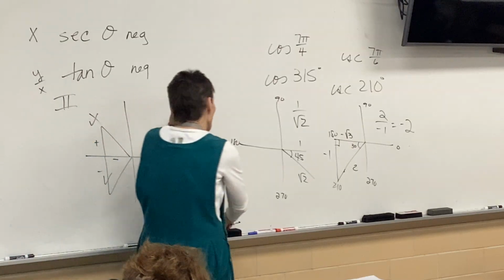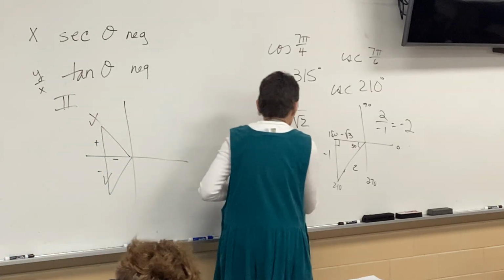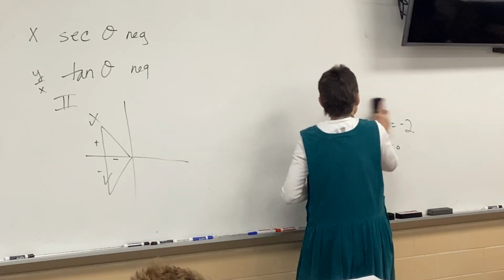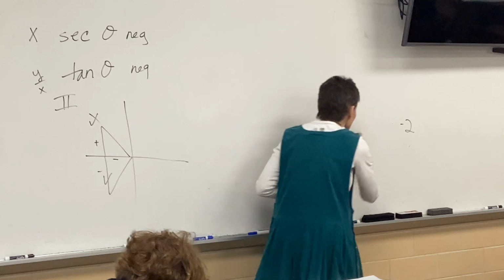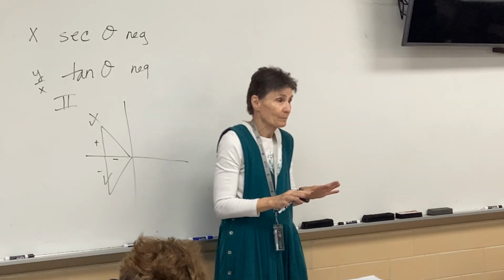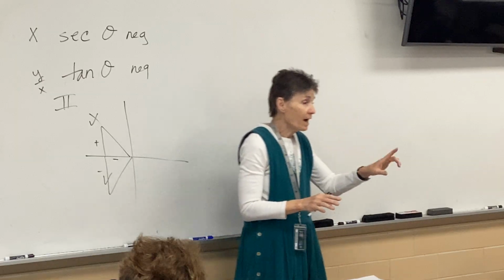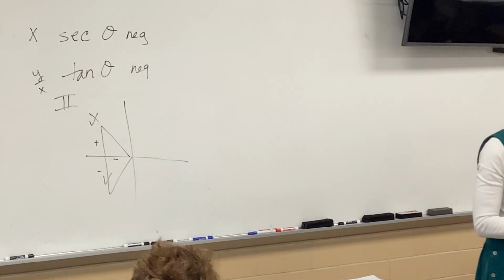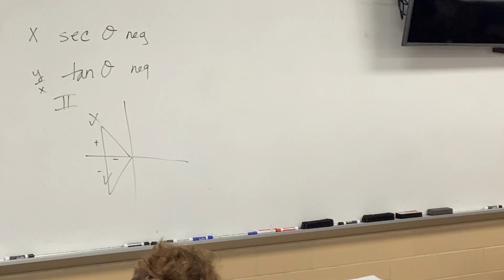Narrow it down one piece at a time. Remembering that tangent and cotangent involve both letters. Sine and cosecant are Y. You look at Y. But R, I never look at R because R is always positive.